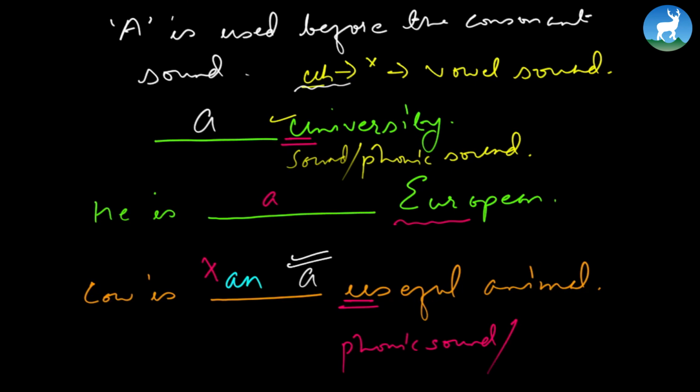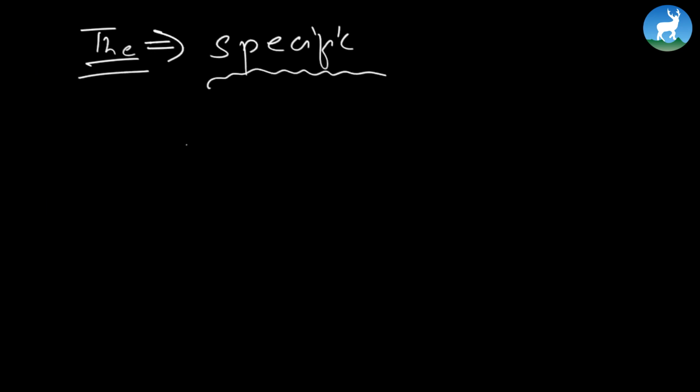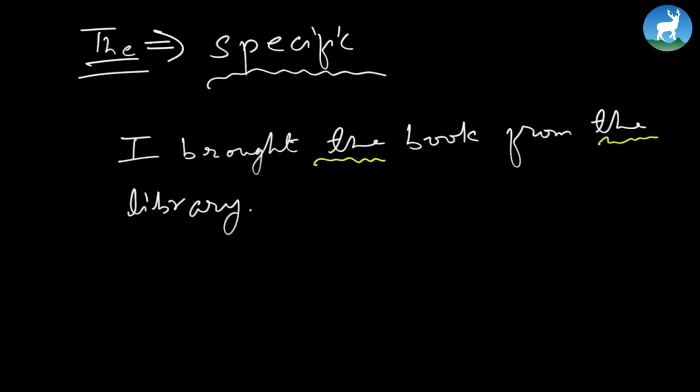So this is the concept of the article. And one thing to notice again, there is one more article called the. The use of the is always when something is very specific. The person says, I brought the book from the library. That means the person to whom this is being said knows what kind of book the first person is talking about.